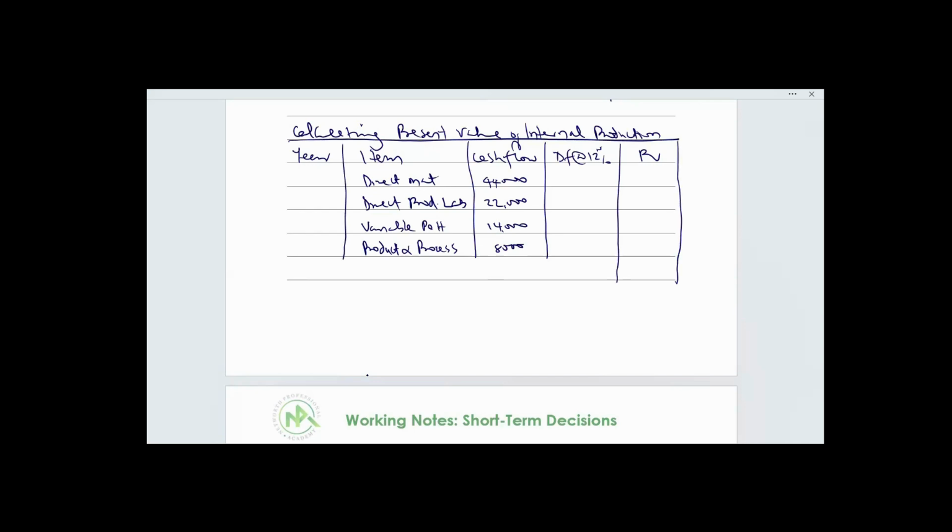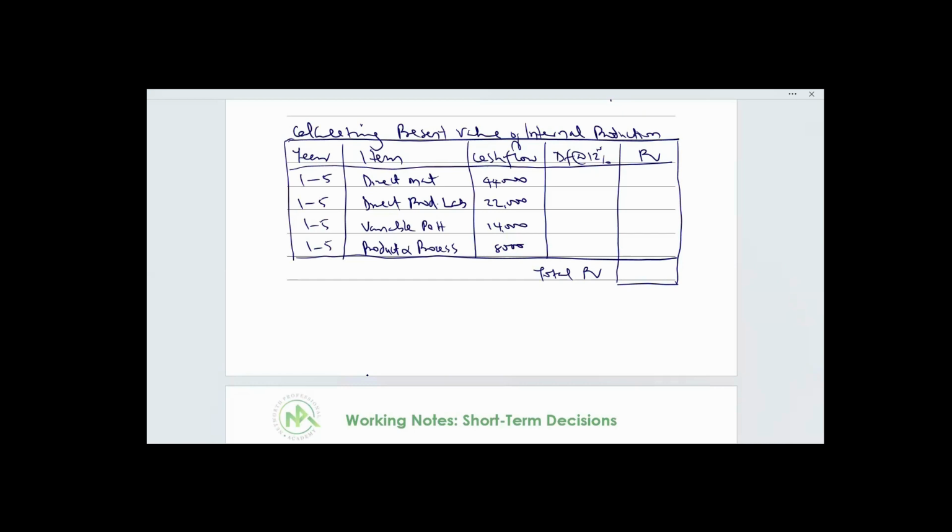Before the comparison, we first need to determine the total PV or total NPV of internal production. Therefore, for years 1 to 5, the company will incur direct material costs: year 1, 44,000, year 2, 44,000, up to year 5.